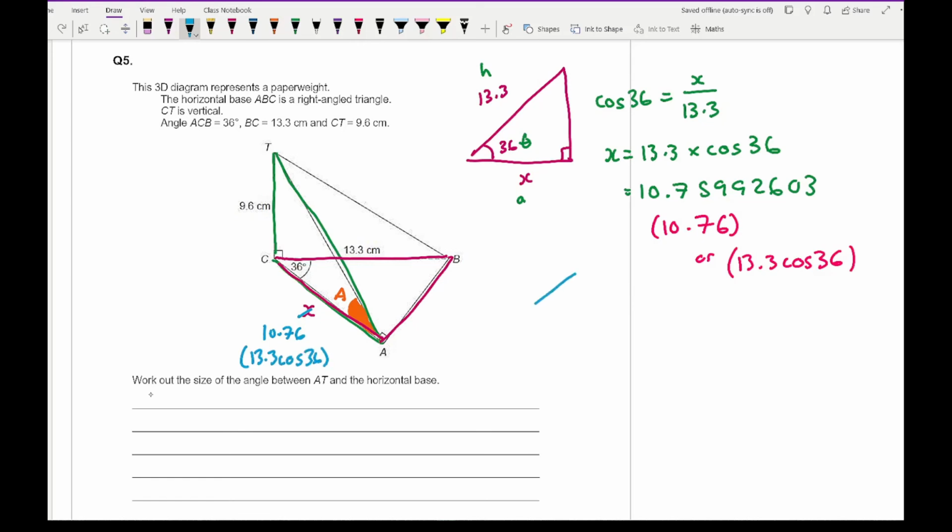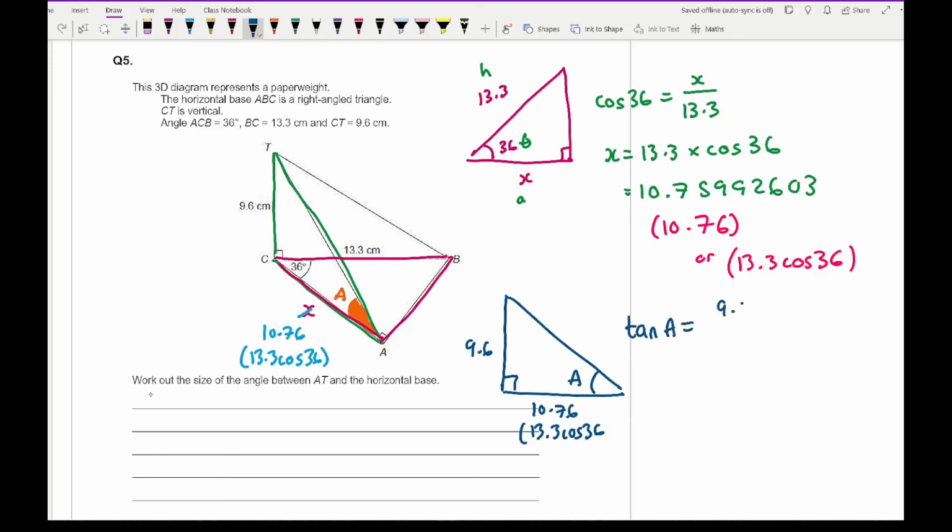So then if I look at that green triangle now, let me just draw that again. Here is this green triangle, and we've got this is 9.6, this length here is 10.76 or 13.3 cos 36, whichever you prefer, and it's angle A that I need to work out. For this I'm going to use tan, so tan A equals 9.6 over 10.76.